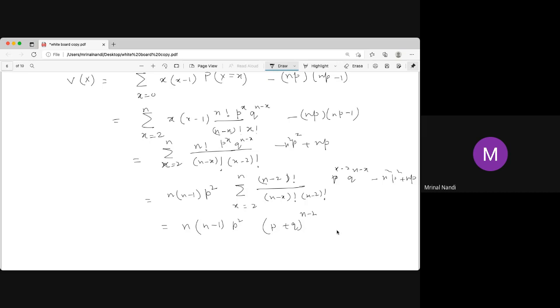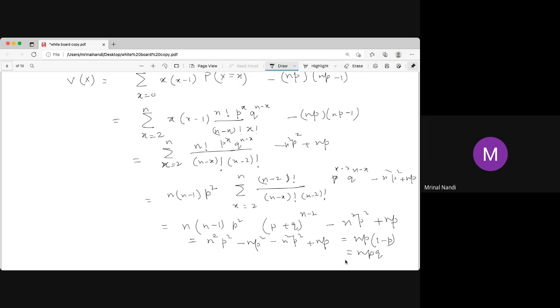Once we put y equal to 0, you'll get x equal to 2, the same term. Now p plus q is 1, so we get n square p square minus np square minus n square p square plus np. So it is just np minus np square, so np common, it is 1 minus p, which is q, npq. So the variance is just npq.